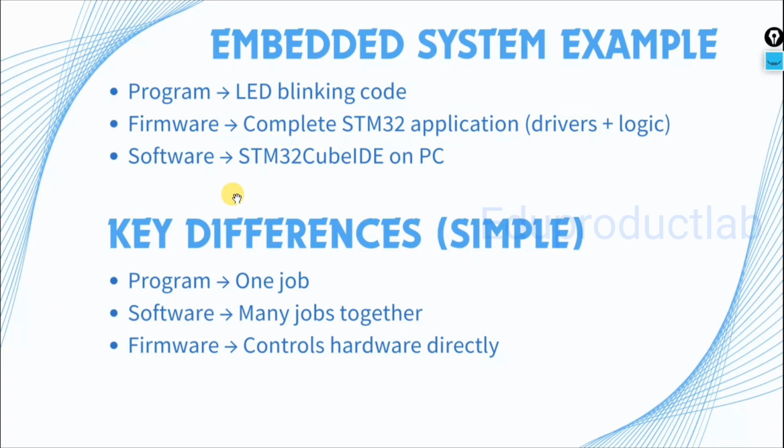Hardware dependency: firmware is tightly coupled with specific hardware. Software can often run on different hardware platforms with little or no modification. Speed: firmware starts immediately when the device is powered on. Software starts only after the operating system has loaded.